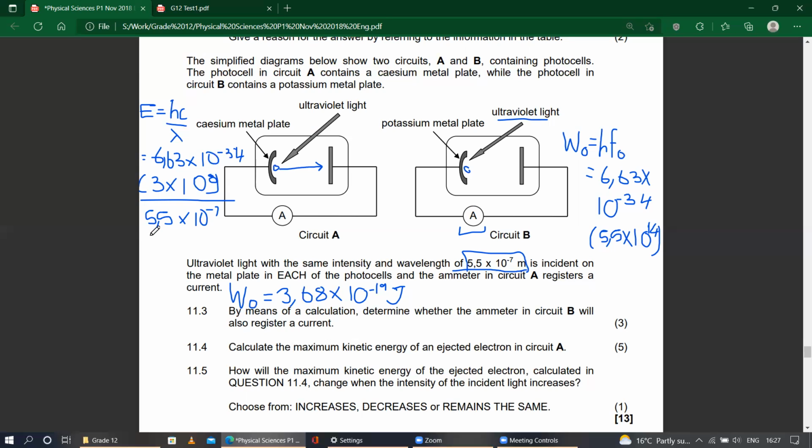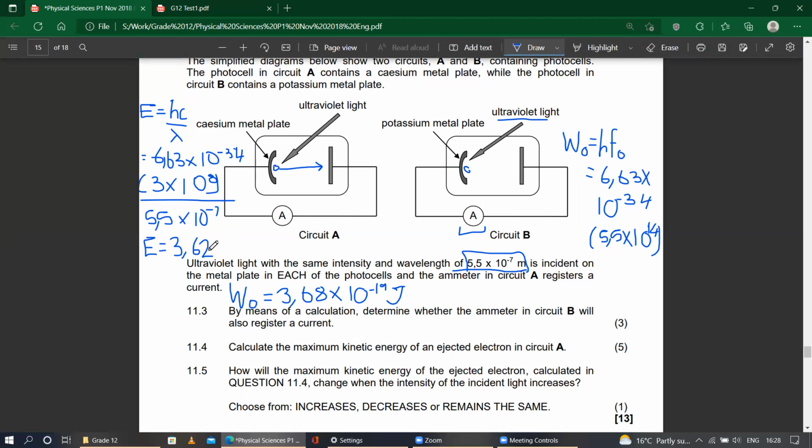What did you get? I got 3.62 times 10 to the power of -19. Okay. Can you recalculate this? Because I think I got a different answer for that. Okay, so because I know usually my calculator has some problems from time to time.